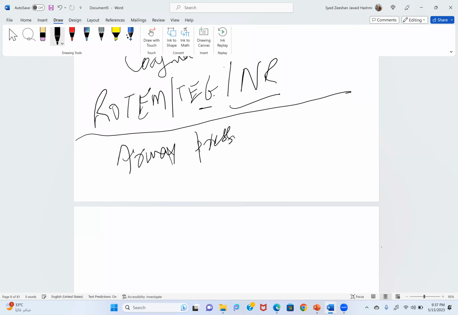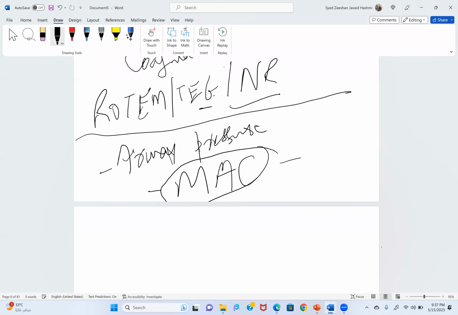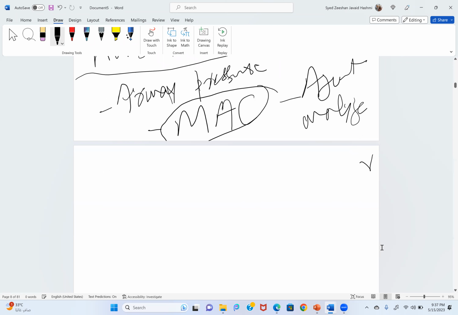Then another important thing is MAC, minimum alveolar concentration, because there are monitors with MAC and agent analyzer. If you have machines like that, in which you are monitoring the agent analyzer, you can give low flow anesthesia, because without it you cannot give low flow anesthesia.